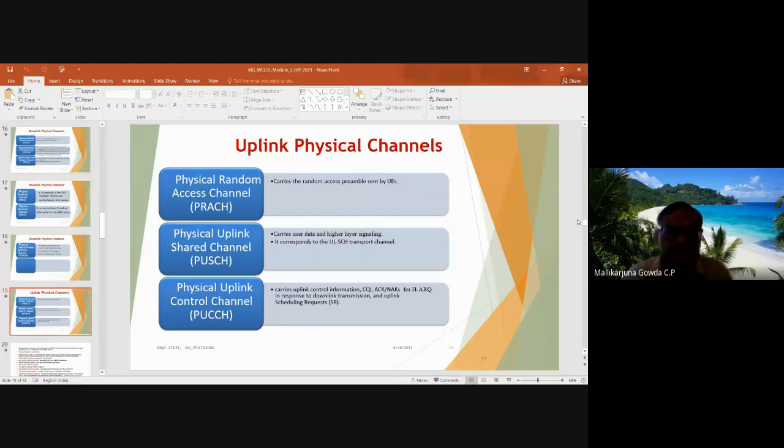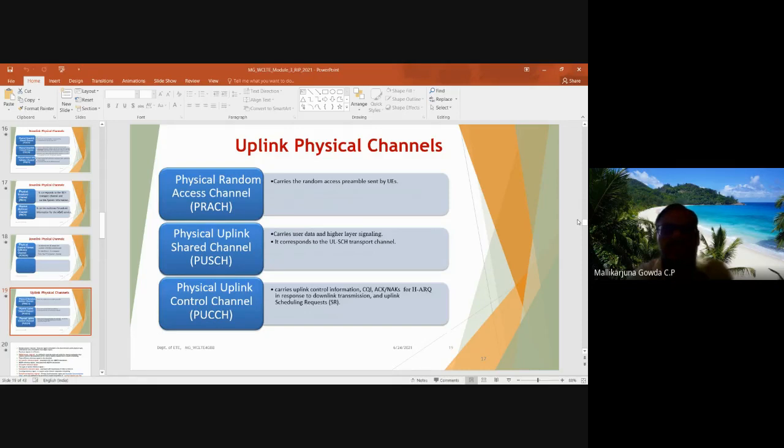Okay, I repeat once again, the physical uplink control channel carries what? It carries the uplink control information such as channel quality indicator, in short CQI. Then acknowledgement or negative acknowledgements for hybrid ARQ in response to what? Downlink transmission as well as uplink scheduling requests.